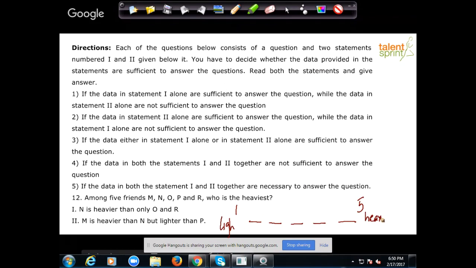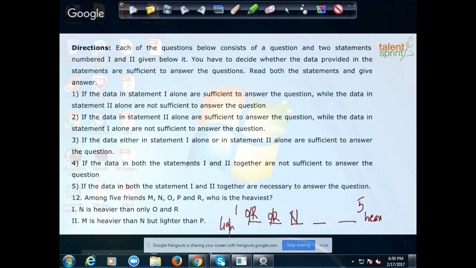If N is heavier than only 2 people, it means that N actually comes in the middle. N is heavier than O and R, which means that both O and R are lighter than N. So either of them can come here.